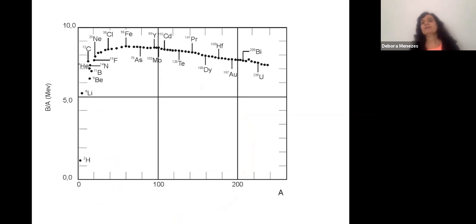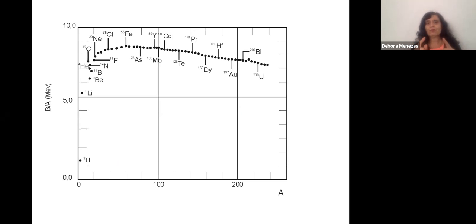Because if we look at this table, you can see that iron is the one with the highest binding energy. Here we have the binding energy in MeV as a function of the number of particles. So this means that when two nuclei are fusing to form another one, the reaction is favorable energetically, or the reaction produces energy, it's exothermic, until iron.